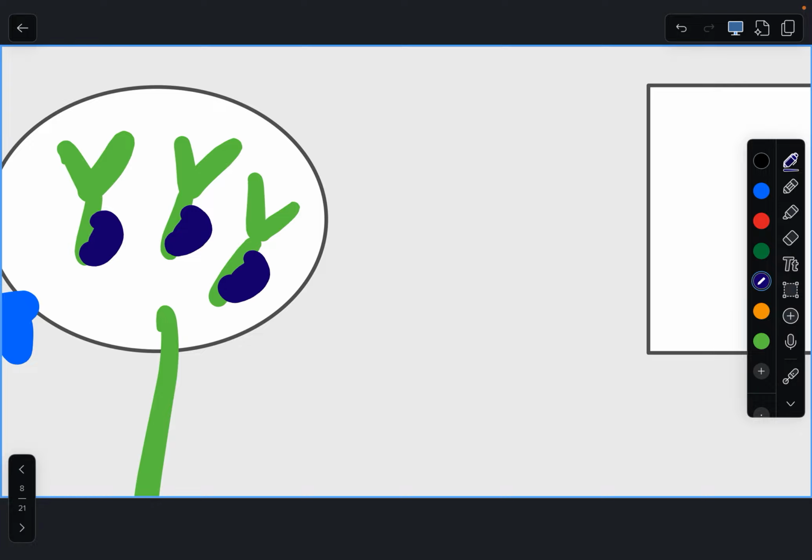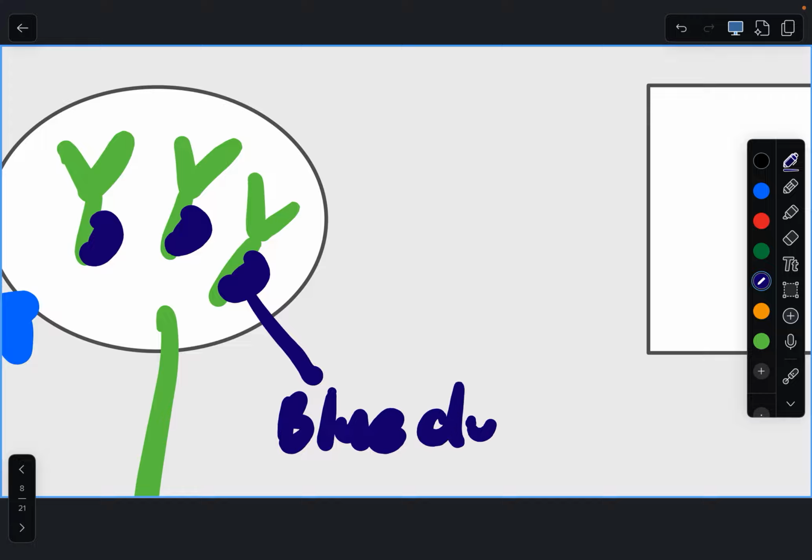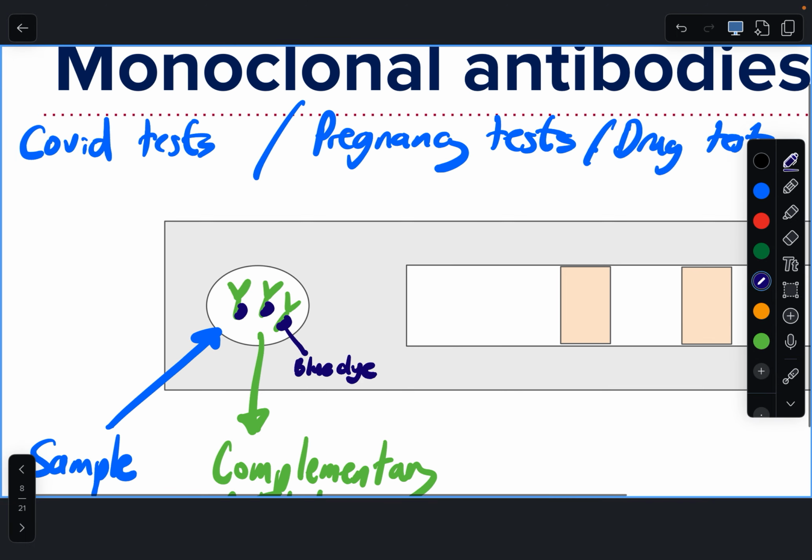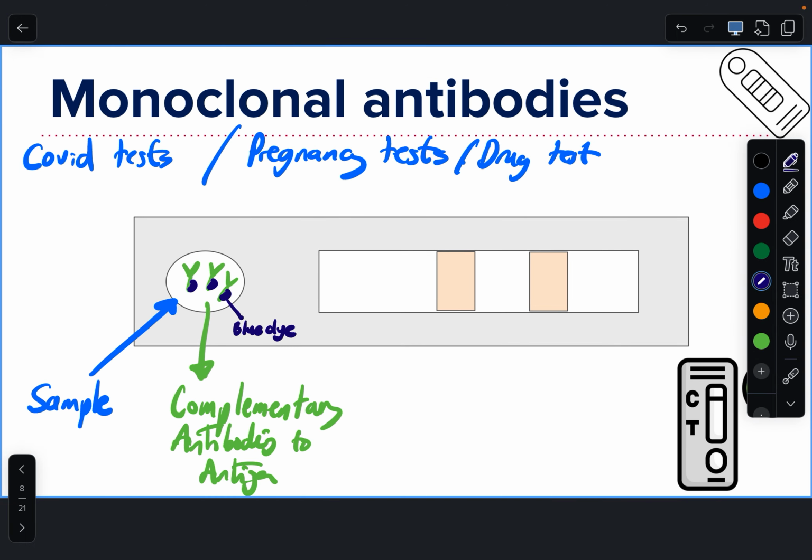And if you think of it as that, that's fine, because in its simplest form, it is just a blue dye. I would say, if we were to talk at a bit higher level about what it actually is, more often than not, it's an enzyme. And that enzyme changes the colour from colourless to often blue. But the simplified version is it is a blue dye.